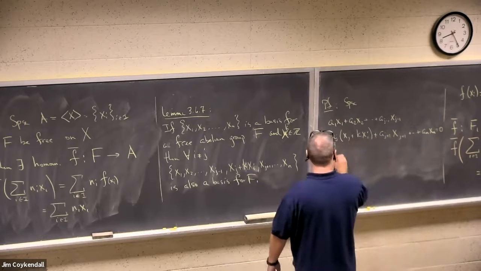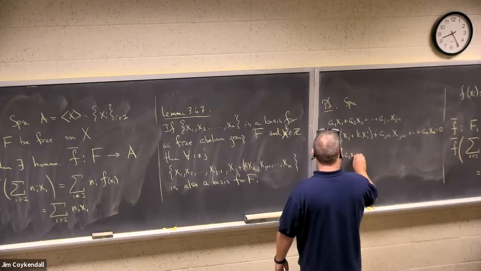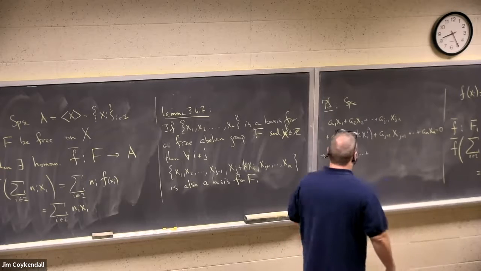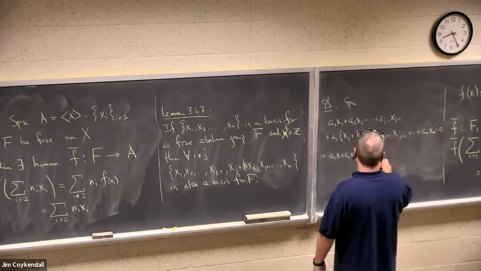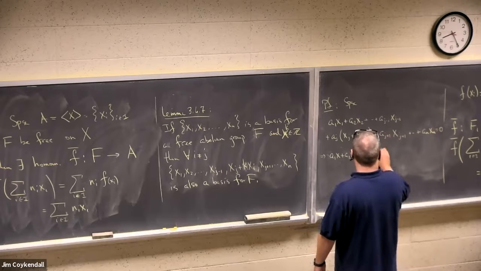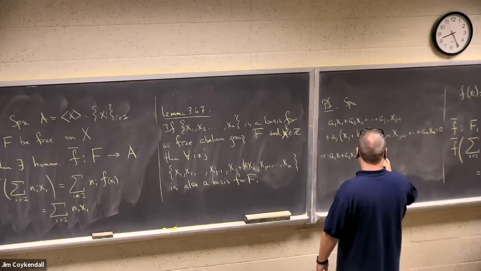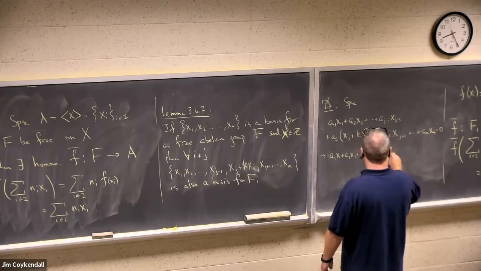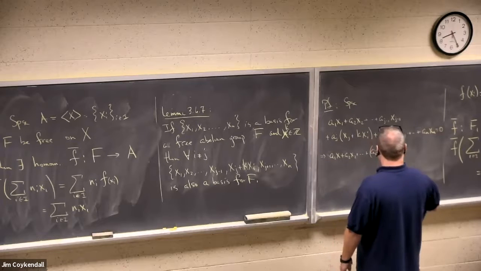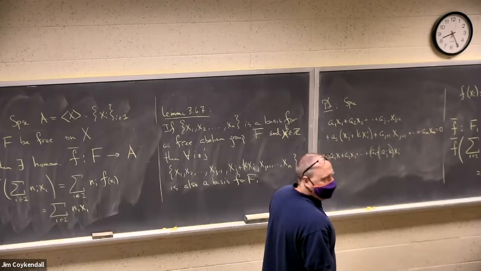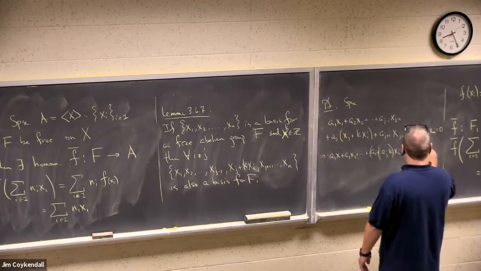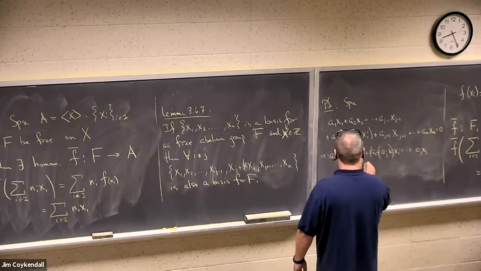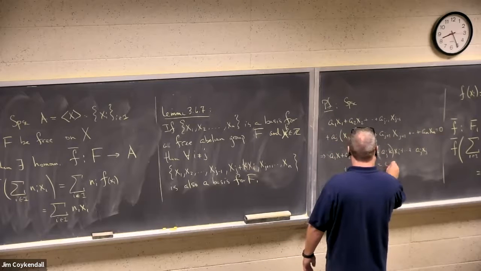This means that A1 X1 plus A2 X2 plus ..., and this is going to show up as (Ai plus Aj k) Xi, plus Aj Xj, plus ... plus An Xn equals 0.